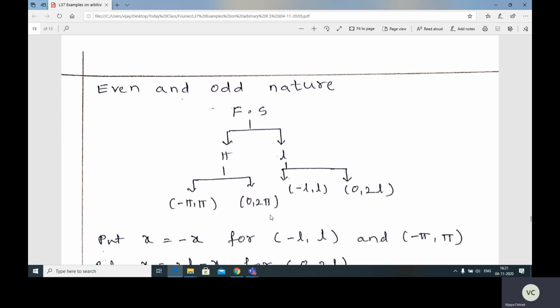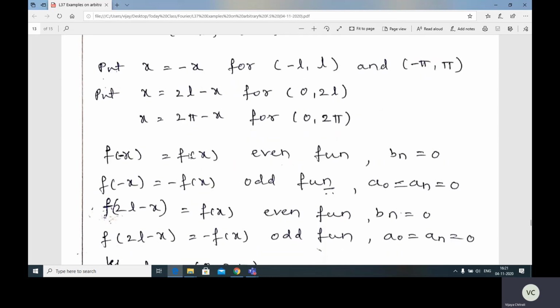If minus pi to pi or minus L to L, to check whether the given function is even or odd, substitute x equal to minus x. If you get plus f of x, it is an even function and bn is 0. If you get minus f of x, it is an odd function, and a0 and an both equal 0.